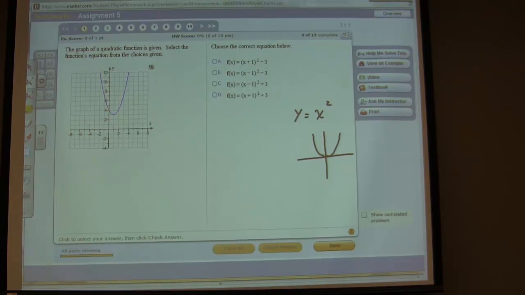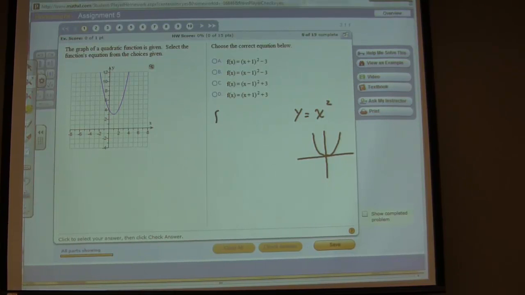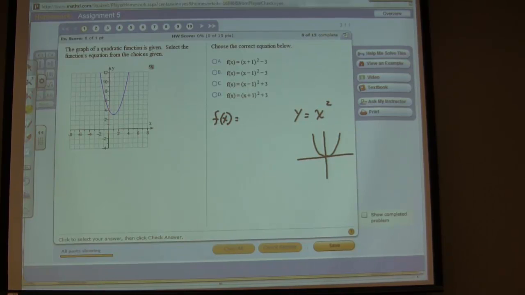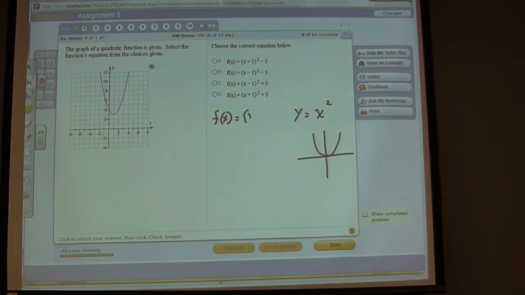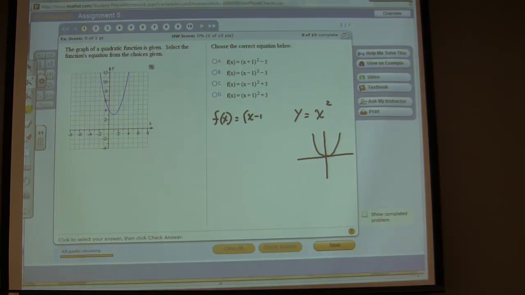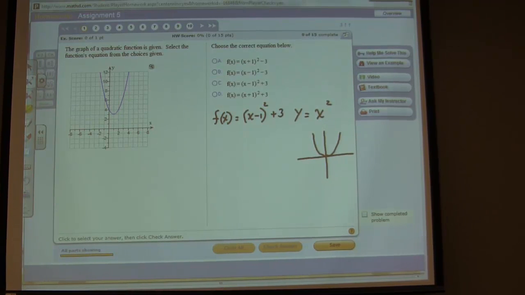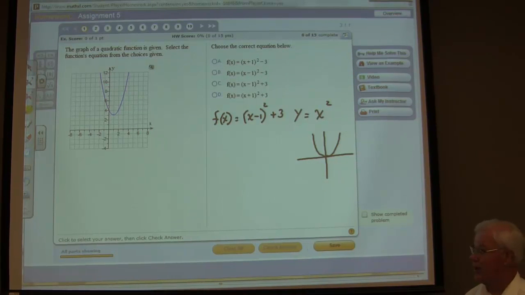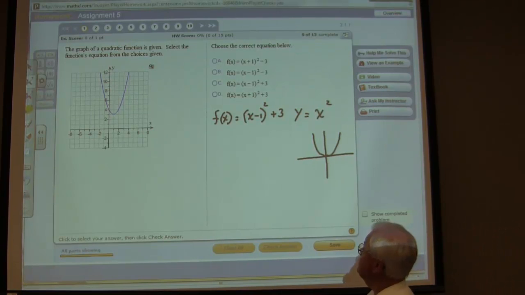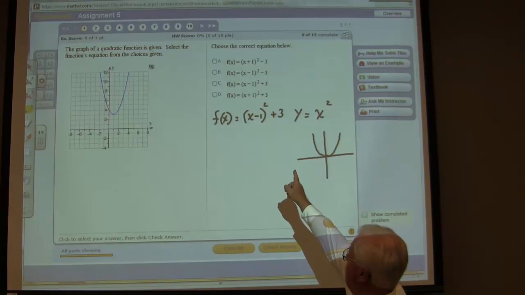So in this case, substituting f of x for y, we've got x minus 1, that shifted it to the right, but remember you square it because that's the shape of the graph. And then we wanted to move it up 3, so outside of the original function we would add 3. So that'll move it 1 to the right and up 3.